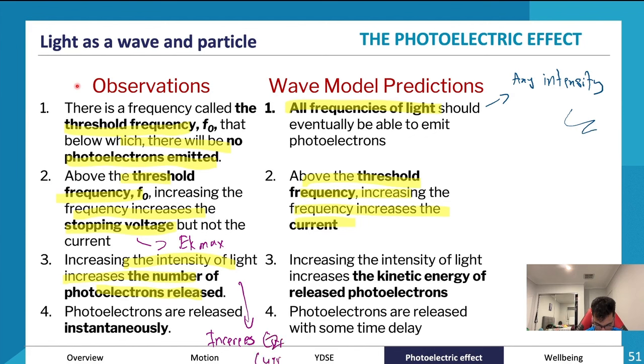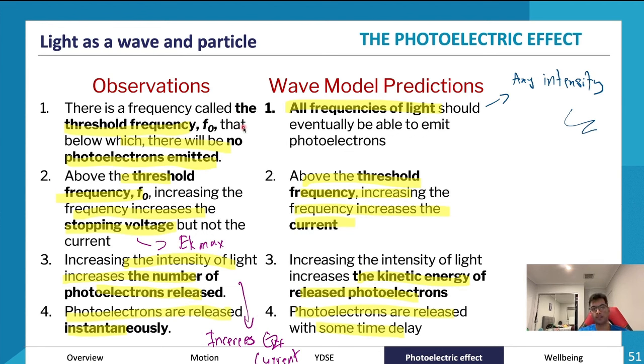Whereas the wave model predicts that as we increase the intensity of the light, it's going to increase the kinetic energy of the photoelectrons, which we know is wrong. And last one is that the photoelectric effect shows photoelectrons are released immediately, but the wave model predicts that there's going to be some time delay.